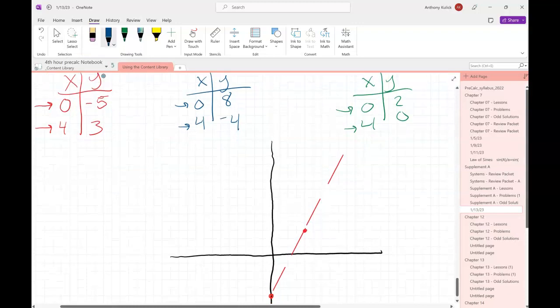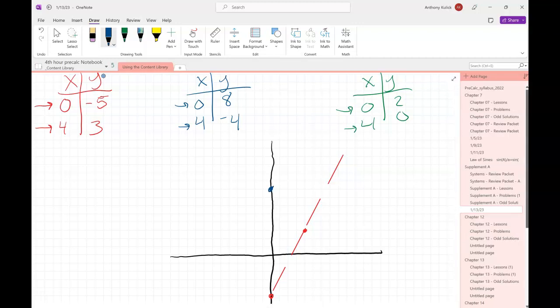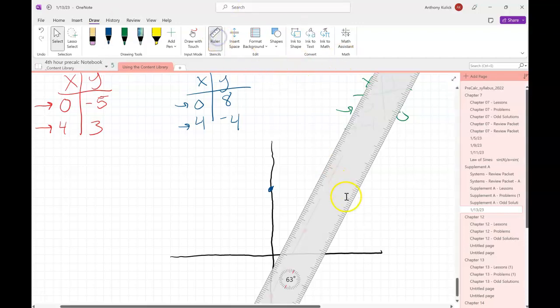So it's 0, 8. So 1, 2, 3, 4, 5, 6, 7, 8. And then 4, -4. 1, 2, 3, 4. 1, 2, 3, 4. Get our ruler back out.